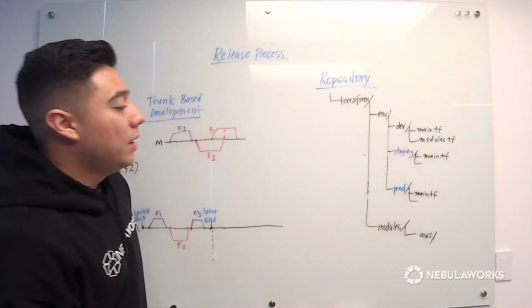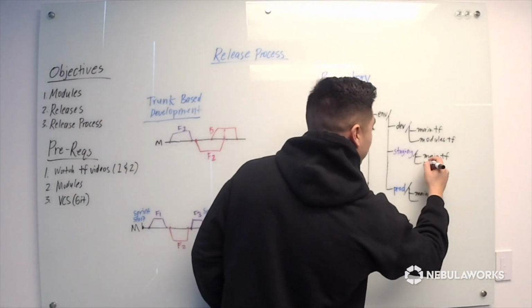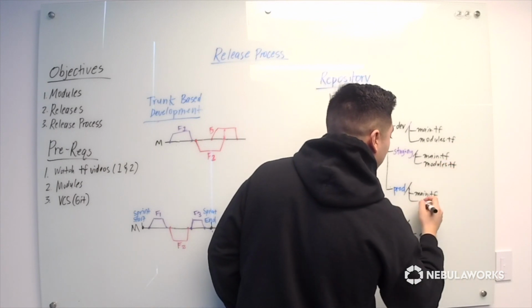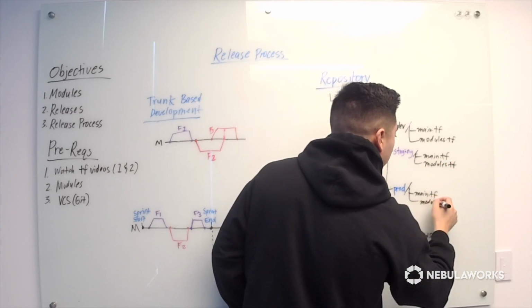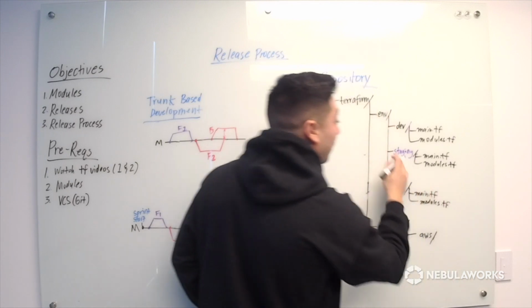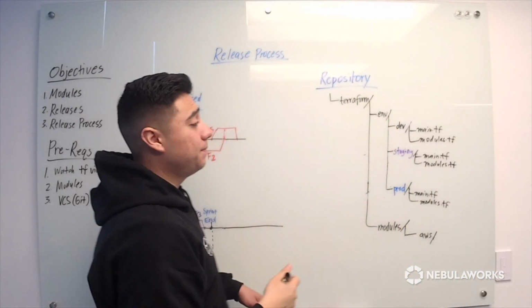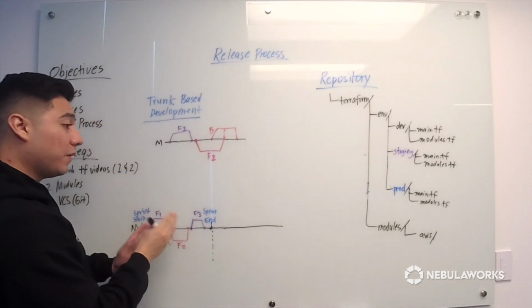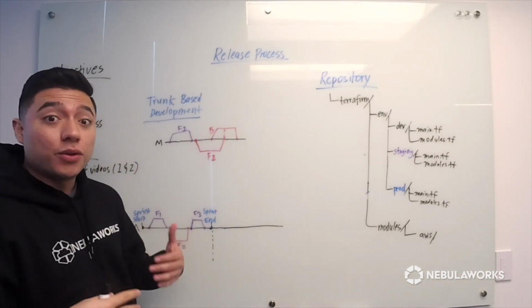Cool. You know what? We can also create a modules.tf file here too. But it's important to note that there are no modules being referenced in our stable environments yet because we haven't vetted anything out. So that's feature 1.